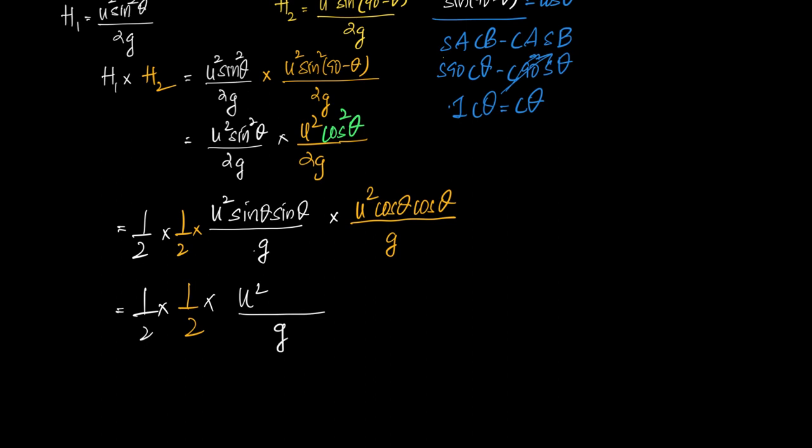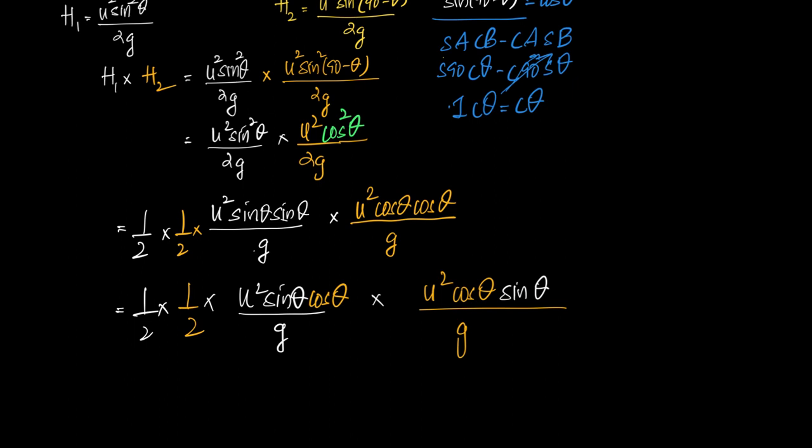U square by g into sine theta into, I'll bring 1 cos theta over here, into cos theta into u square by g into cos theta into, I'll bring the other sine theta here, sine theta.